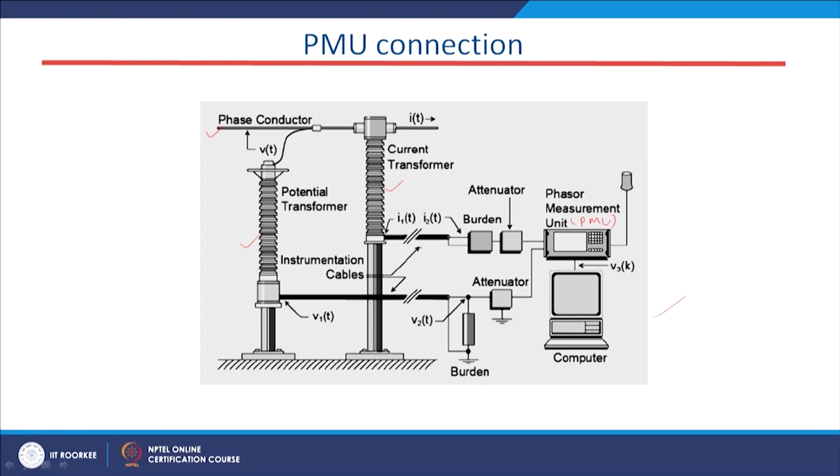The current transformer is connected to the PMU terminal through a burden, and the instrument transformer is connected through an attenuator to the voltage terminal of the PMU. A computer is connected to the PMU interface to analyze the data, the voltage and current phasors or instantaneous values. If it is customized properly, the PMU can also record the frequency and the rate of change of frequency. So, this computer records and displays the voltage and current data.